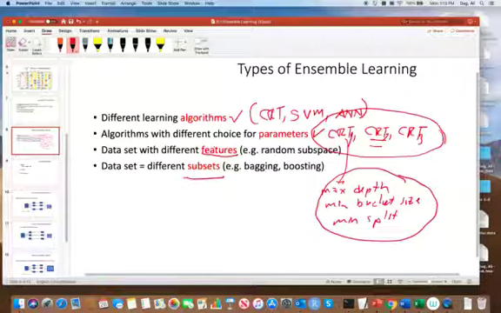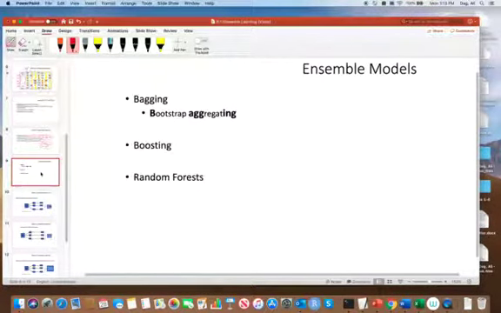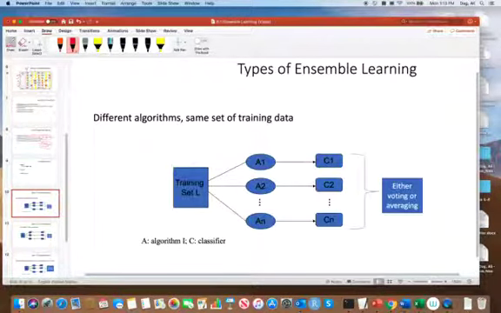Or the 4th is different subsets. That means you don't want to use all of these 14 days. Remember, there are 14 days in my training data set, right? Maybe you want to use 10 of them only, and there are reasons behind it. That's why we are doing it. But again, you randomly do it. All right. So this is the basic understanding of the different types of ensemble learning.